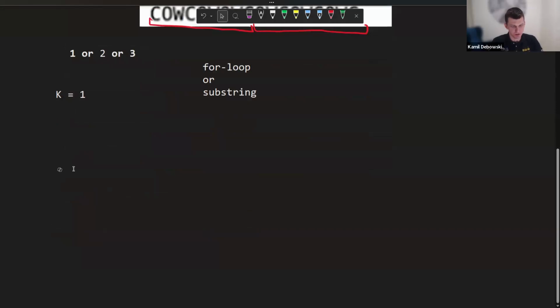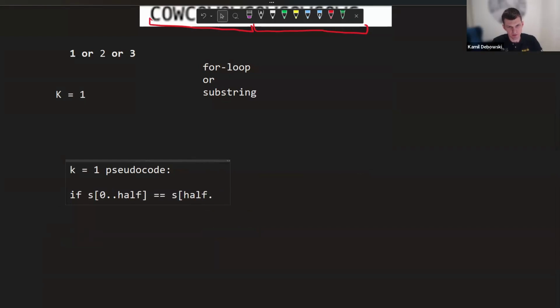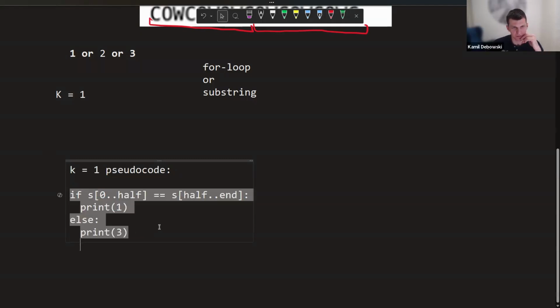So the following pseudocode is good for k equals 1. If the string from 0 to half is equal to the string from half to the end, then print 1. Else, print 3. It's more Python than pseudocode.